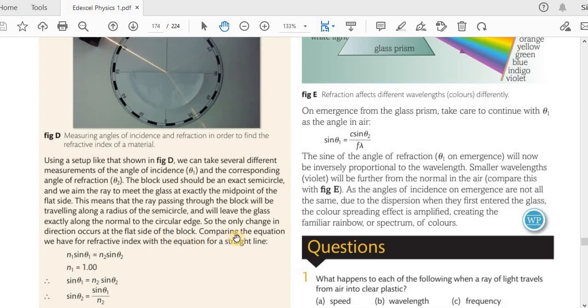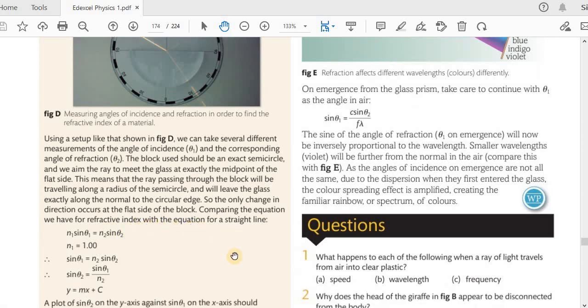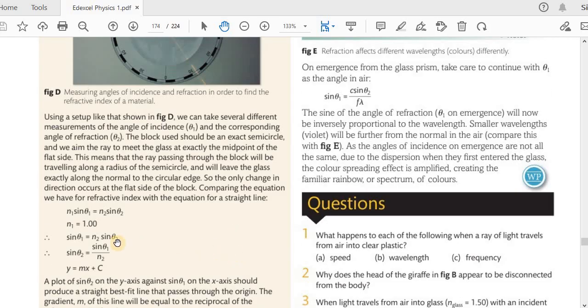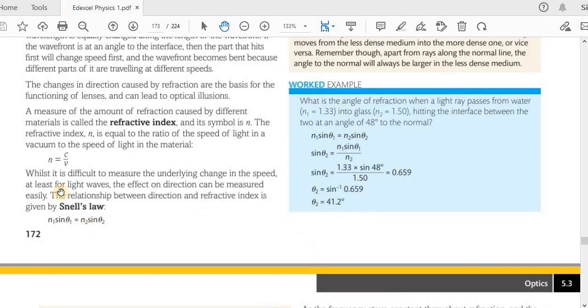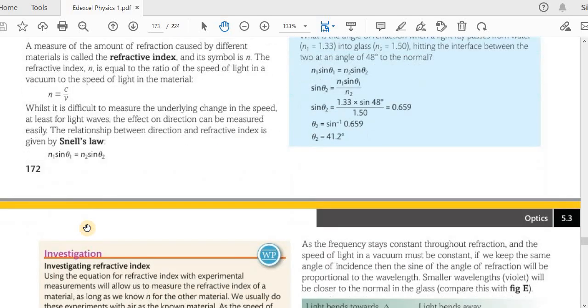Comparing the equation we have for refractive index with the equation for a straight line. Now remember Snell's law. We learned it in the previous page. This is Snell's law.